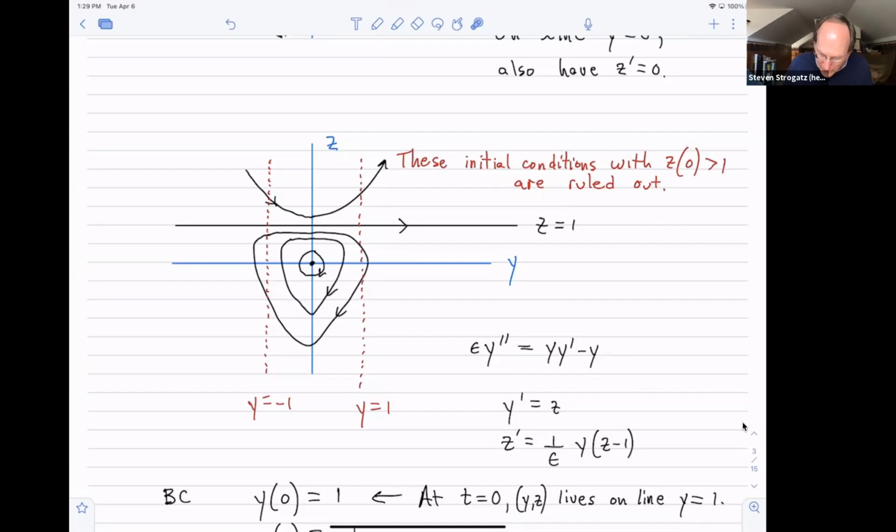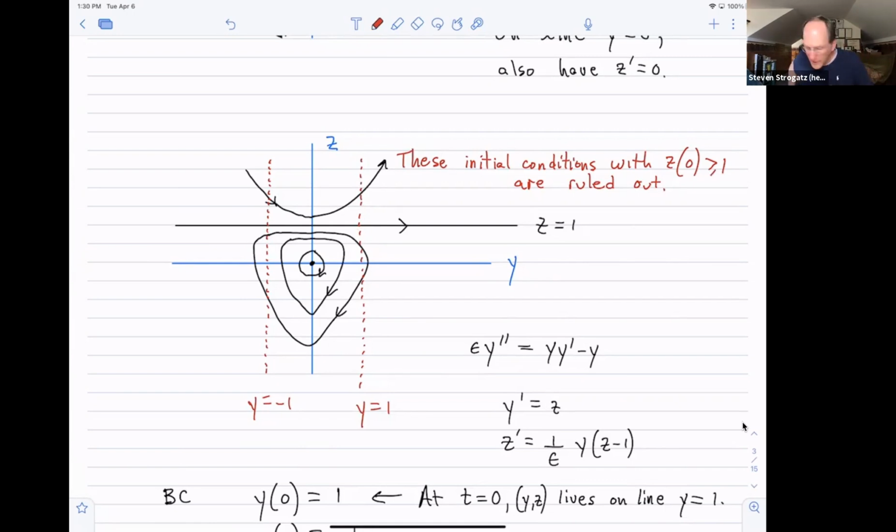I suppose I could start over here, but that wouldn't then start at this point. I have to start on the line y equals 1. So we can see that those with z0 greater than or equal to 1 are all ruled out. No hope for them.